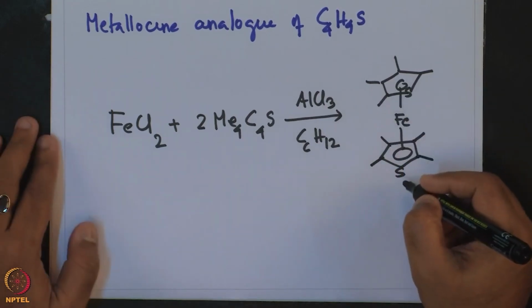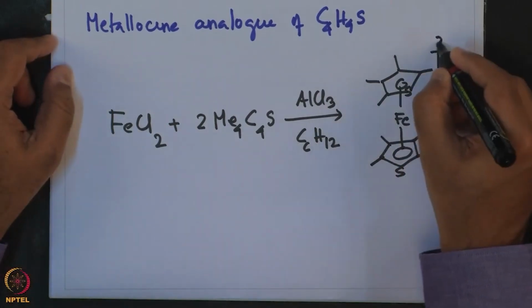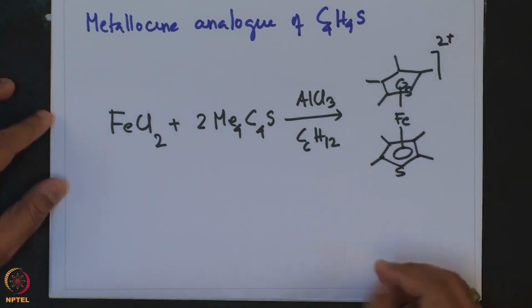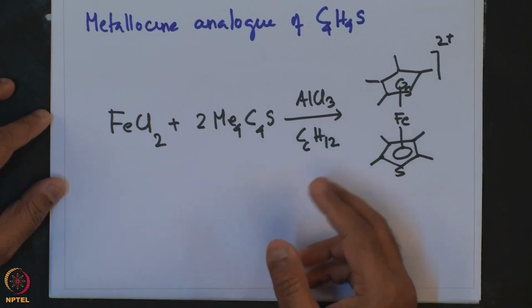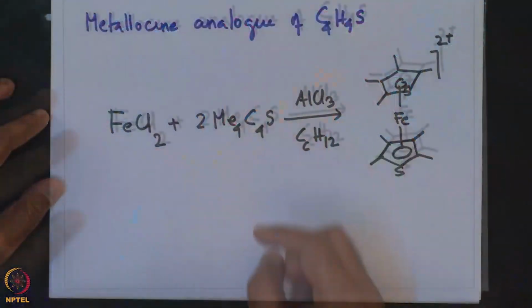and these two being neutral ligands. So, overall there is a dicationic charge, and so this is a nice demonstration where the metallocene analog can be prepared for thiophene or substituted thiophene by direct reaction involving FeCl2 and Me4C4S.